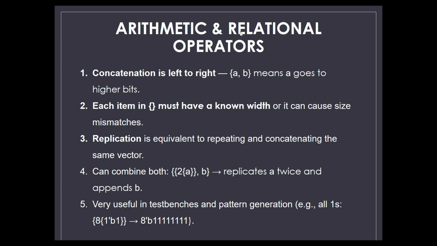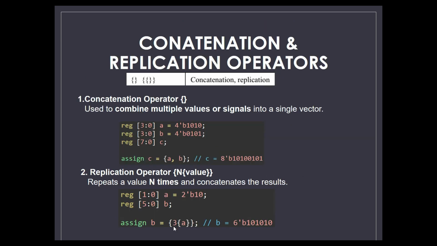There are some key things to keep in mind while using both of these operators. The concatenation is left to right, that is, A goes to the higher bits and B goes to the lower bits. Each item in the concatenation operator must have a known width, or it can cause size mismatch. Here, if I do 4 times replication of A, what will happen?